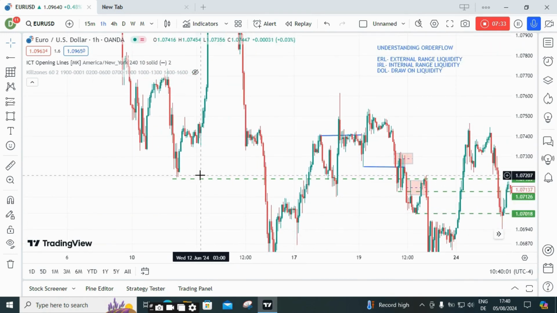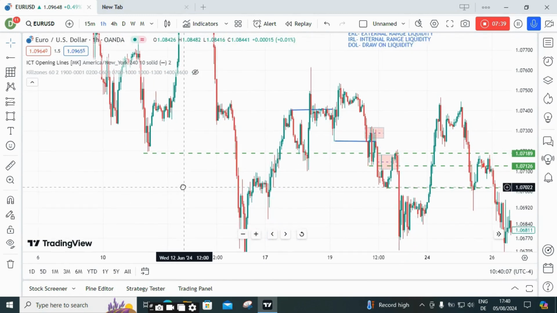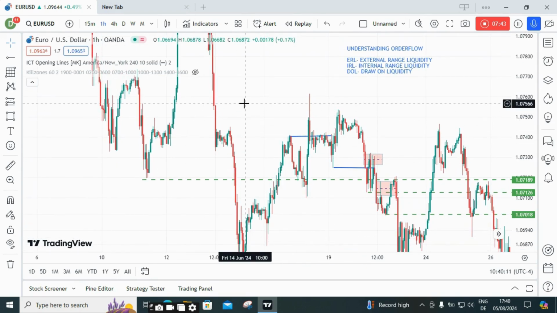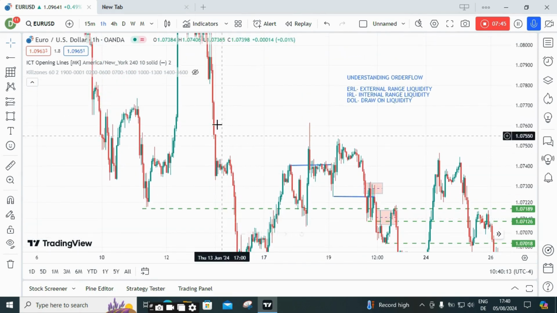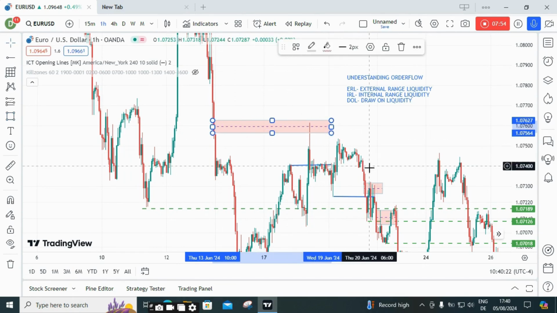Price had taken out this swing low, which was our draw on liquidity when we were trading lower, and price started moving higher. So our ultimate draw on liquidity, which is the internal range liquidity, was this fair value gap, which price came and retested perfectly for it to have this move to the downside.